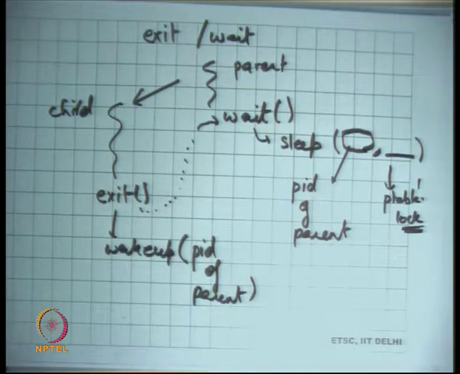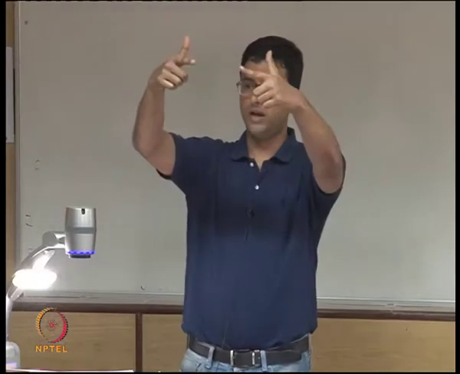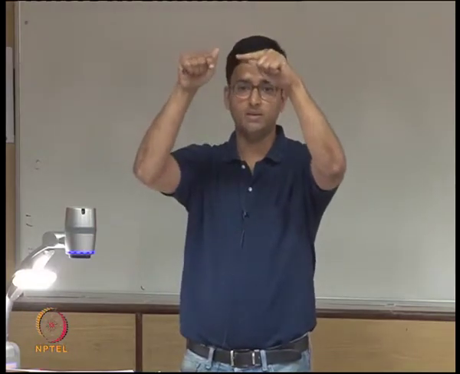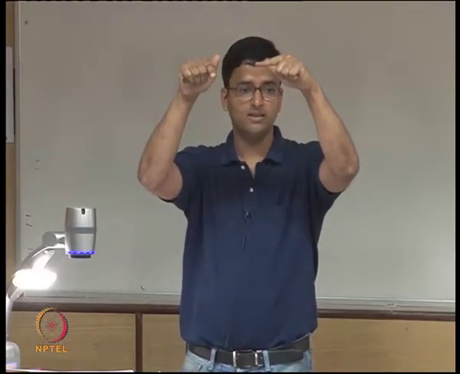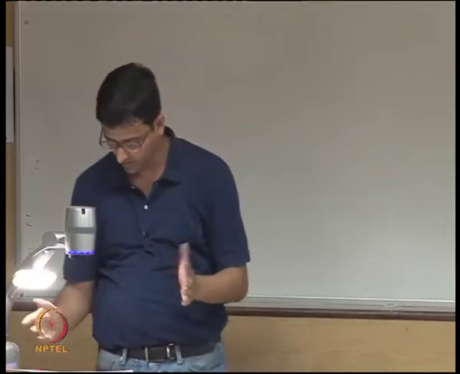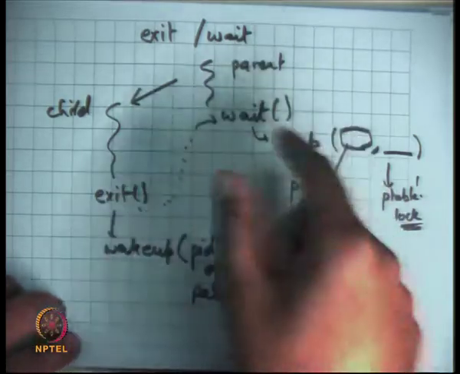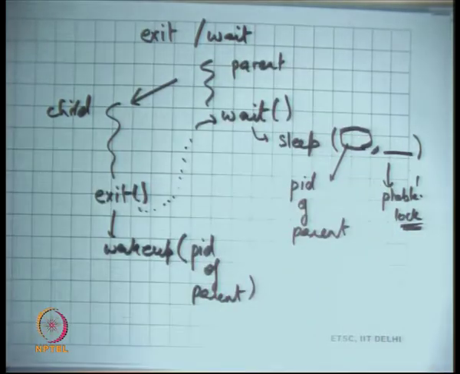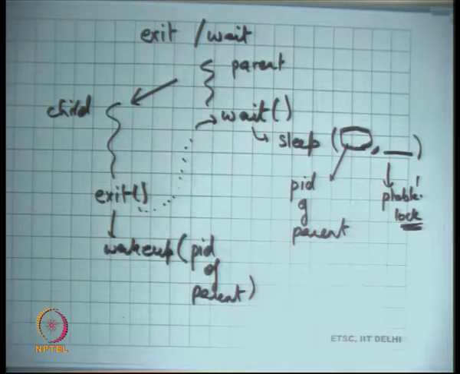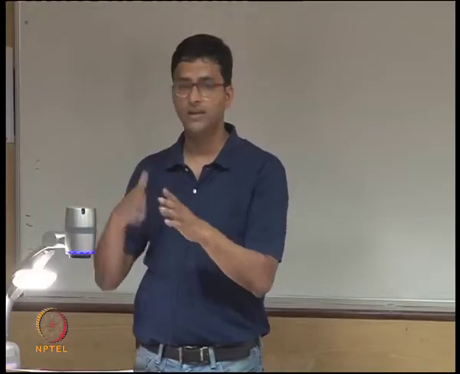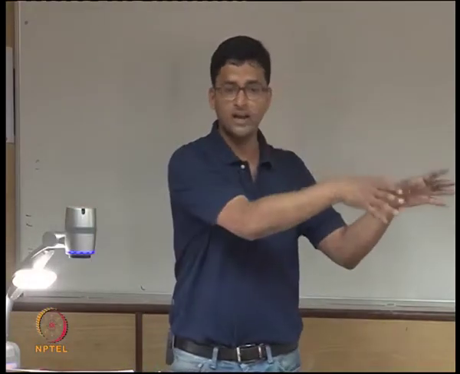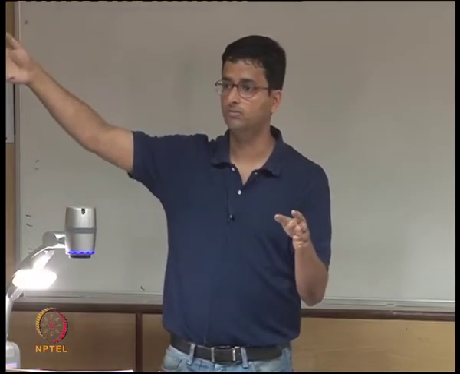Let's say I have 10 children, all of them are going to call wakeup on the PID of the parent. So that's the channel that I'm sleeping on. Assuming your convention is that you're going to use PID of parent only for this exit/wait business, then another person's child cannot wake you.